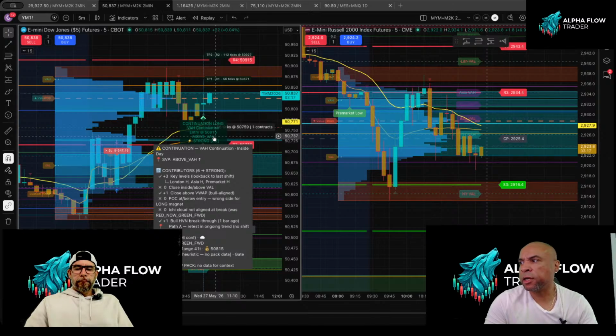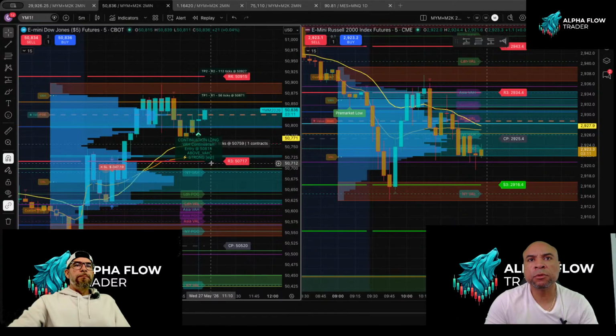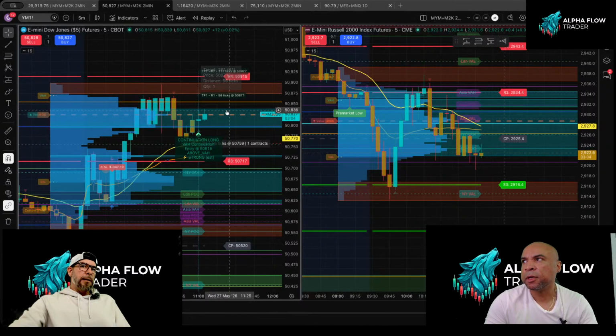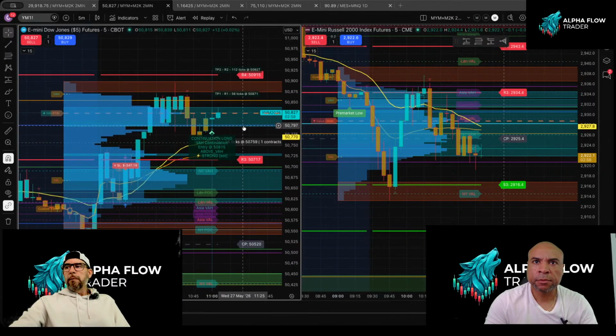Ichimoku Cloud is red now, green forward. So, kind of good positive confluences. What I don't like about it is how much it struggled here at prior day high already, and then the TP1 is right after. So not one that really gets us excited.